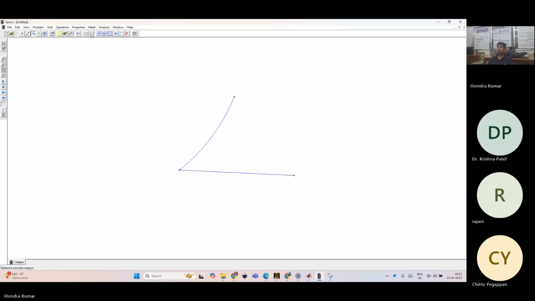Circle also you could make, but everything has to be done with the help of... not such a user-friendly environment, but still you are getting it free, so that's the thing.